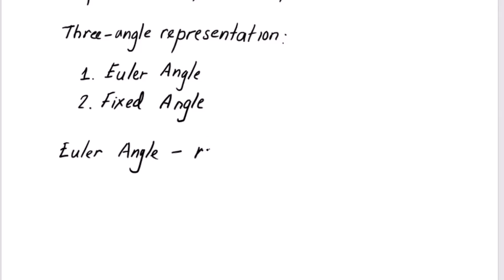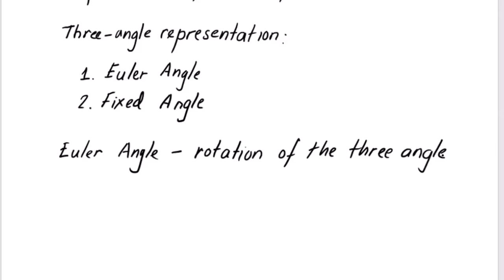It is about rotation of the three angles. You know, in the three-dimensional Cartesian frame, there are three angles involved, the angles that are to be rotated about the x, y, and z axes respectively. So Euler angle is the rotation of the three angles.